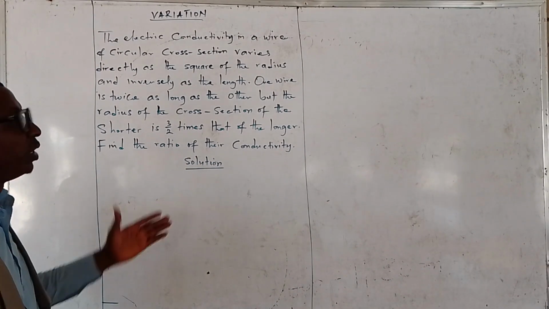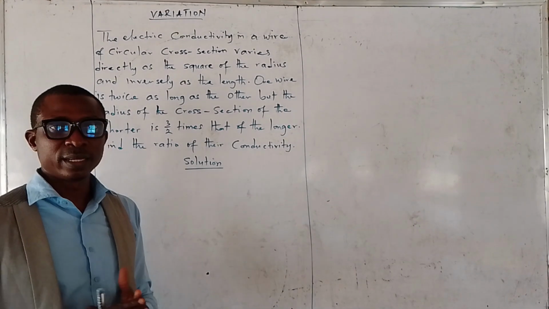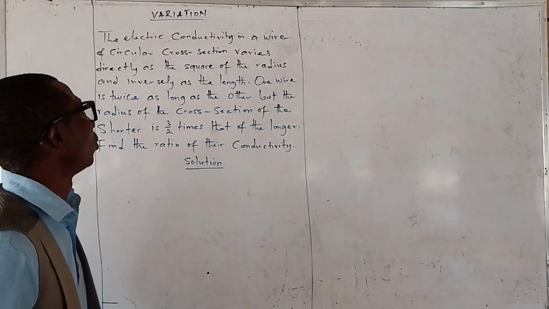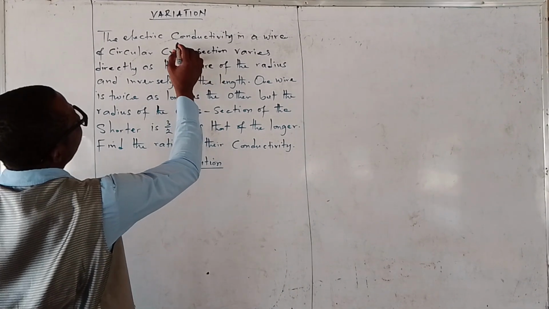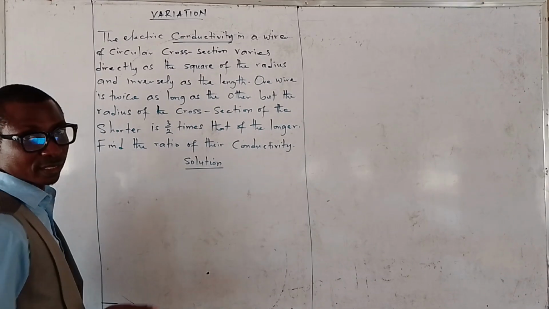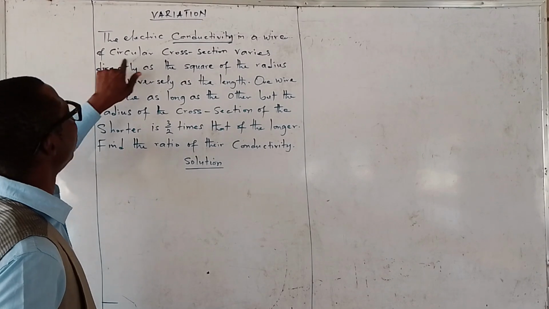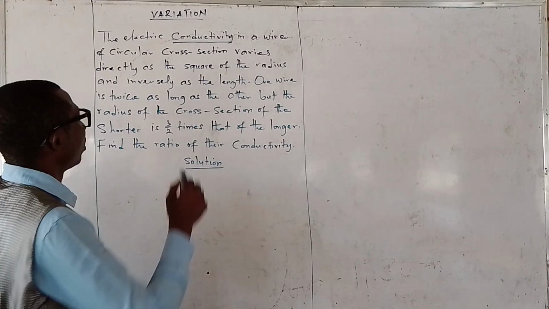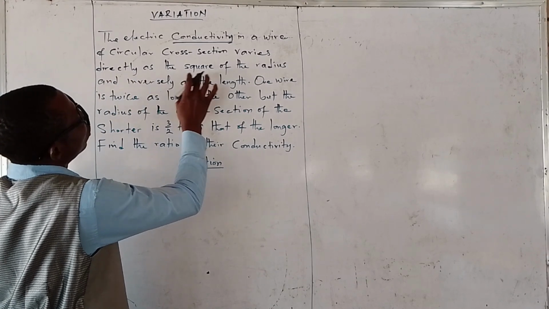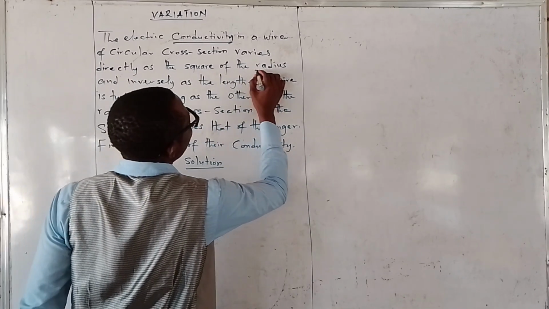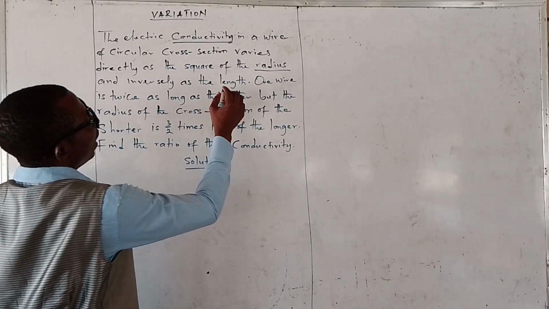Now the first thing you need to know here is to get the parameters that are being varied. So where are the parameters? The first one we have here is conductivity. As you can see, the electric conductivity in a wire of a circular cross section varies directly as the square of the what? The radius. This is the second parameter. And inversely as the what? The length.